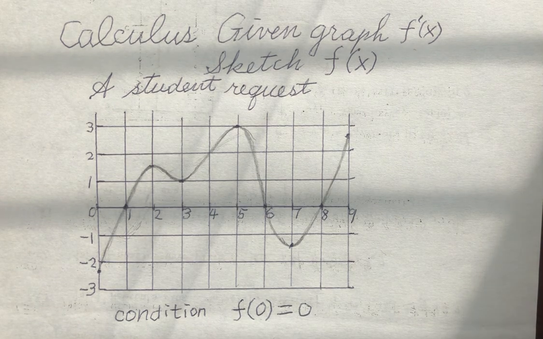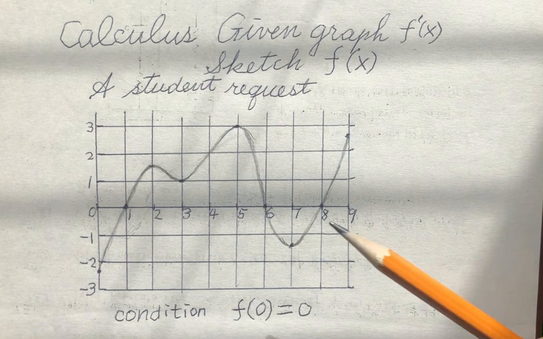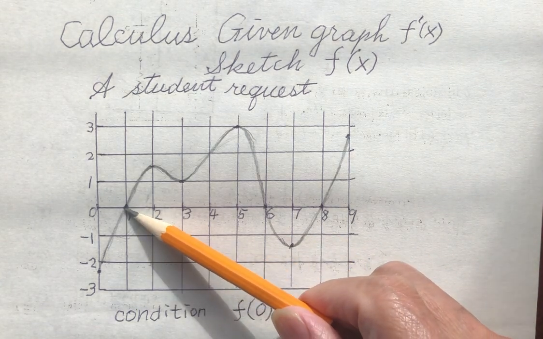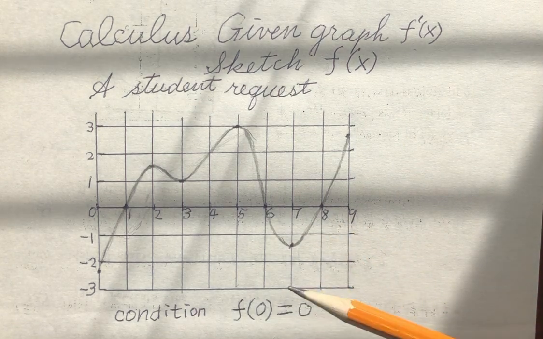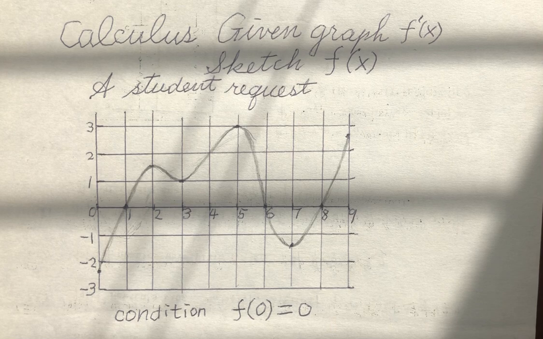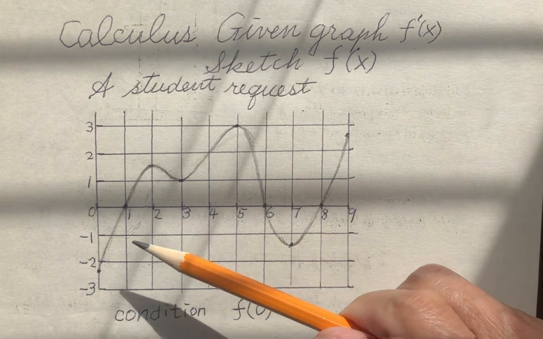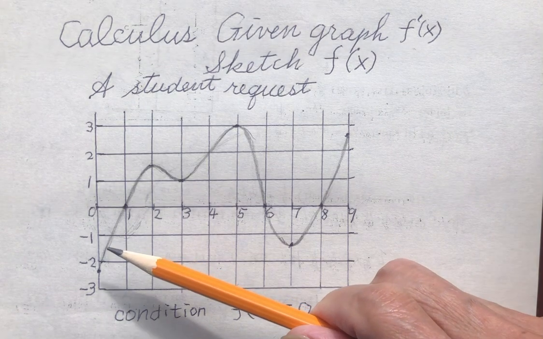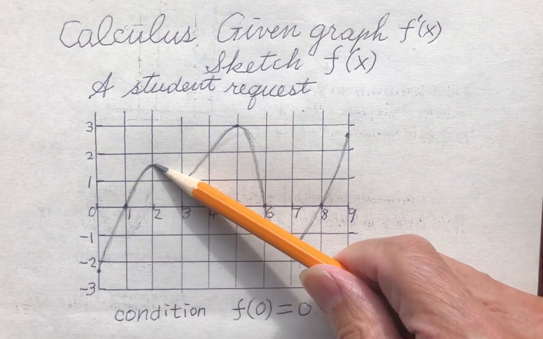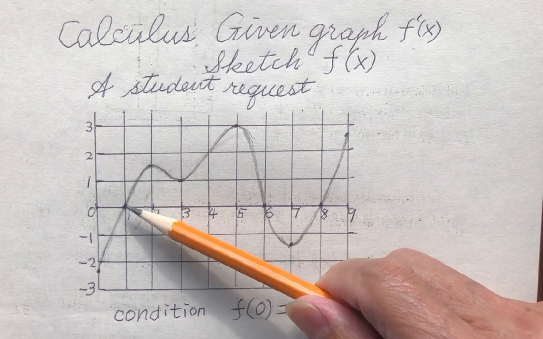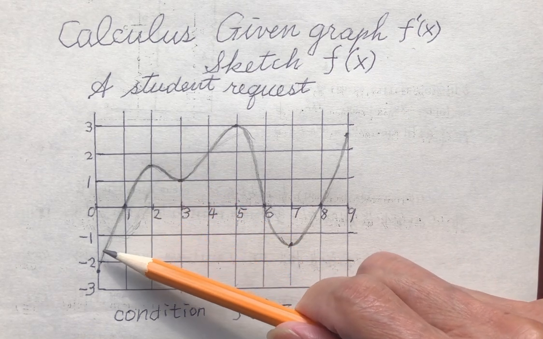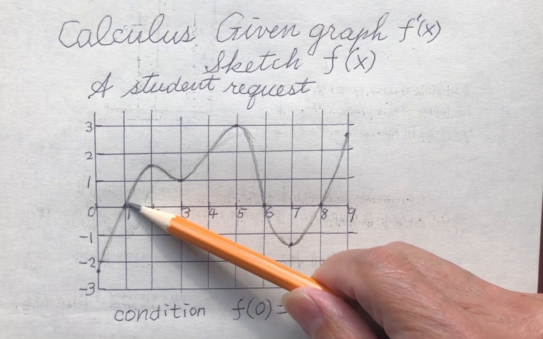When the derivative is 0, I have either a maximum or a minimum. So I have a maximum or minimum here, here, and here. Look at the derivative. The derivative changes from negative to positive, which means the graph of y is decreasing here and increasing here.